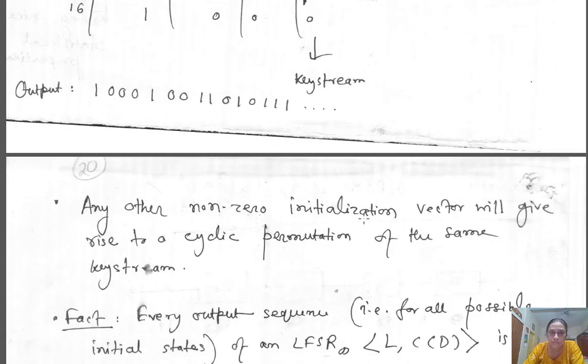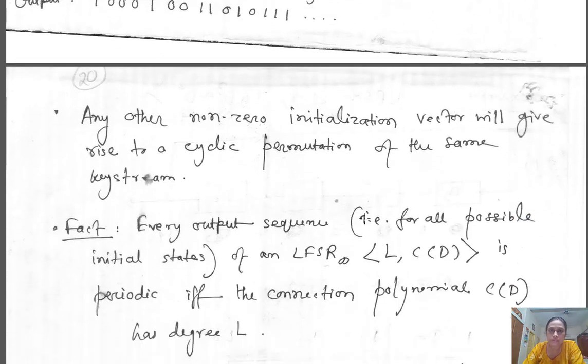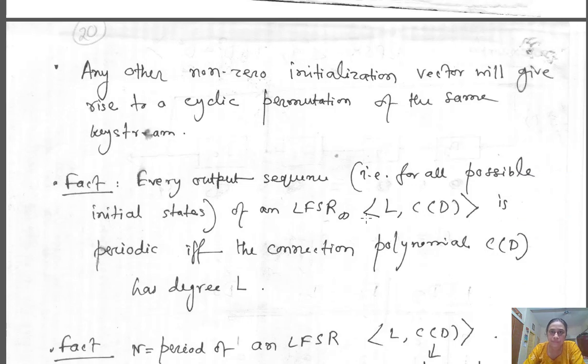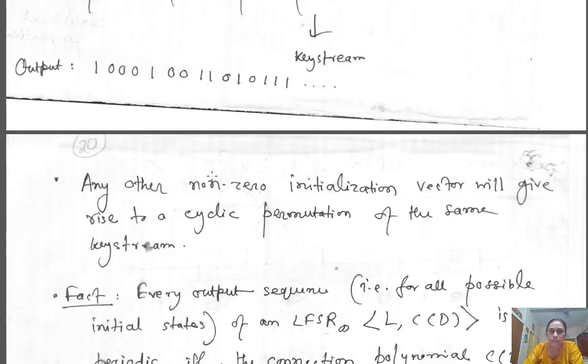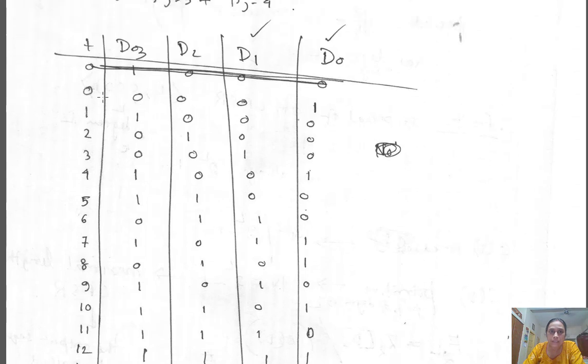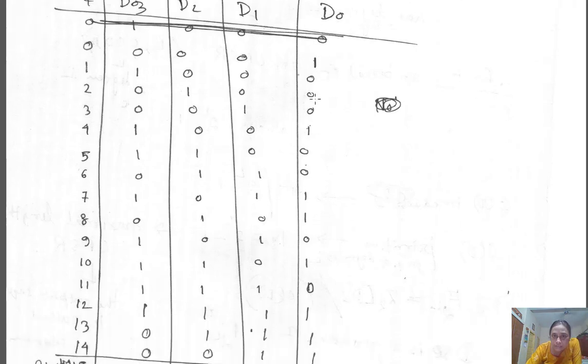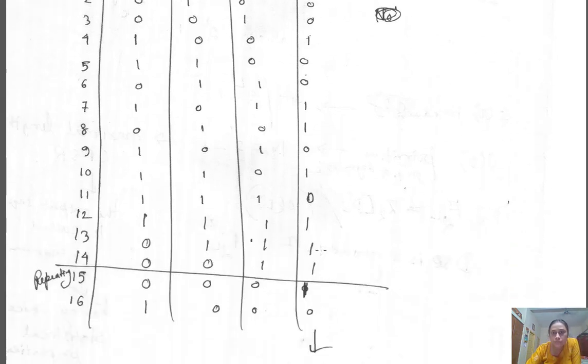Now, some more facts about this LFSR. Any other non-zero initialization vector will give rise to a cyclic permutation of the same key stream. Here I have taken the initial vector to be 0, 0, 0, 1, and I get this output sequence, D0.